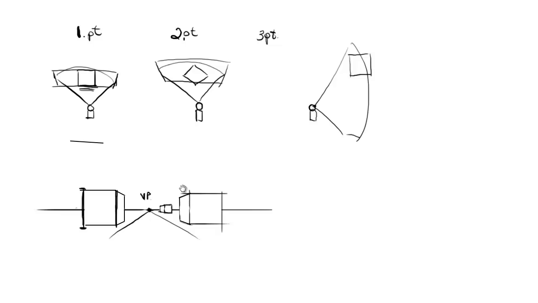Alright, and for that, I'm just going to zoom over here. Now, on 2-point, what you want to pay attention to is you have your horizon line, like so, and you now have two vanishing points. You have the left vanishing point, and then you have the right vanishing point.